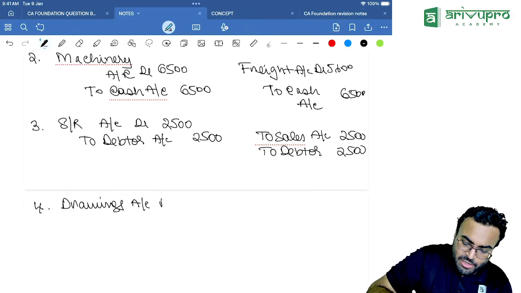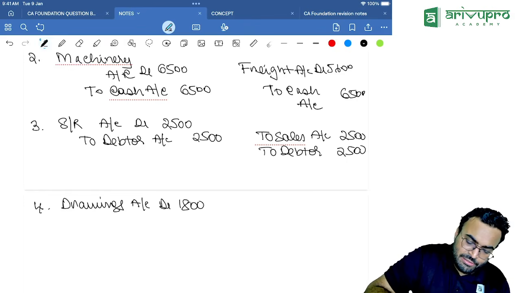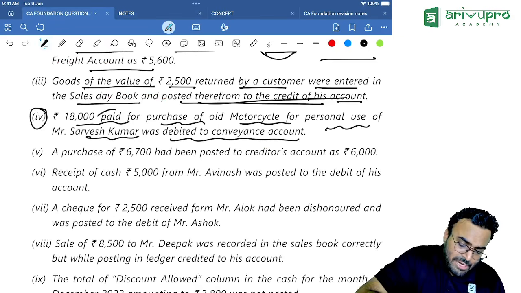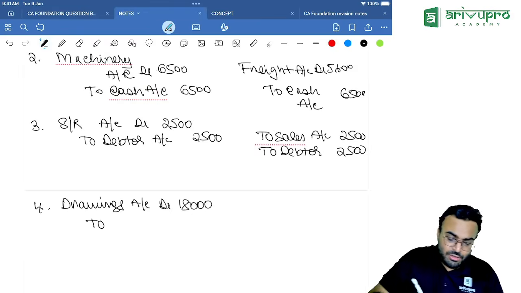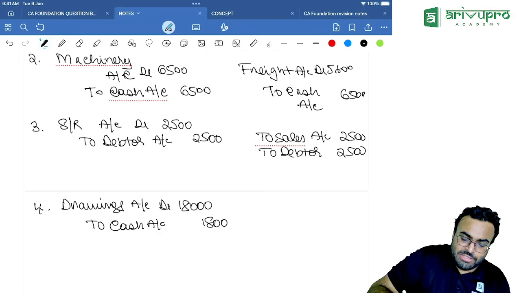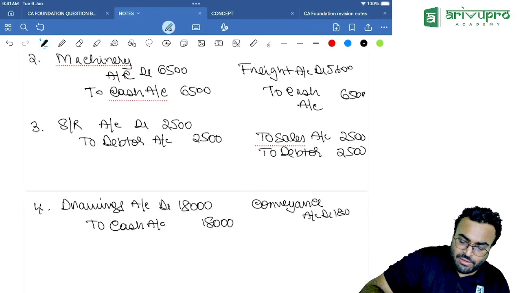Drawings account debited 18,000, to cash account 18,000. What is the wrong entry here? Conveyance account debited 18,000 to cash account 18,000.